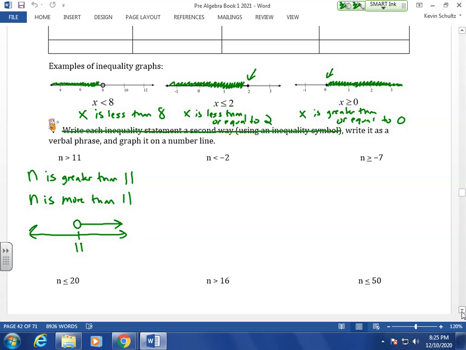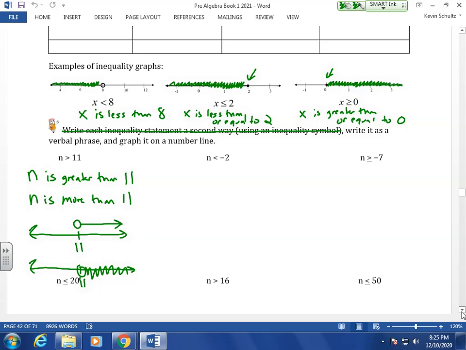If you want to make your graph look more like the examples up above, that's totally fine. Again, identify 11, put an open circle around it, and then shade in that direction. That works too. Just so that whoever's looking at your inequality graph can tell, is 11 included? And then which side of 11 are the values we want?